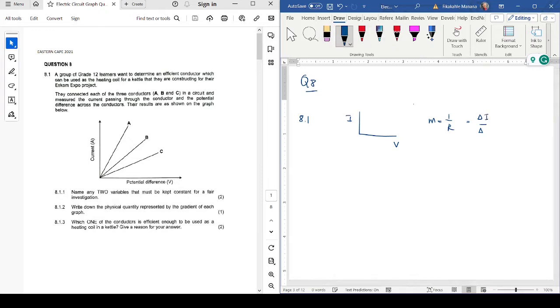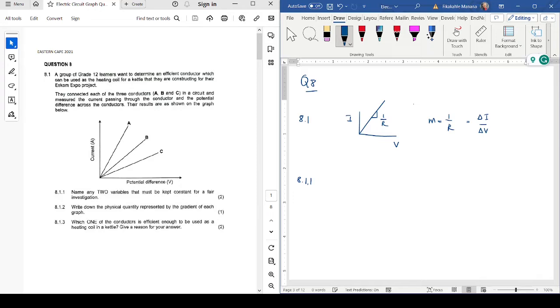In this case, y is I, so delta I over delta V. So it's 1 over R. Basically, those are the gradients for A, B, and C, which is simply 1 over resistance. So now let's start with 8.1.1.